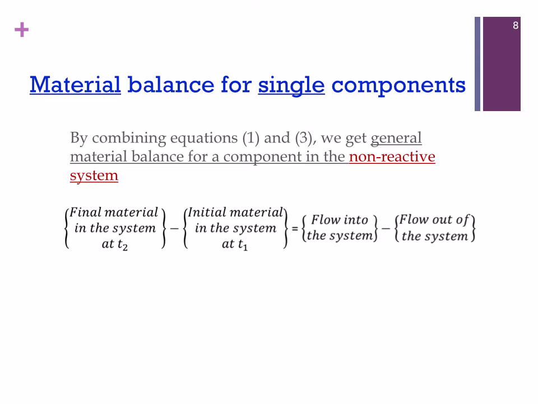This will equal how much flows into the system minus what is flowing out of the system. For an example of this, you can refer to the methanol mixture in the lecture notes.